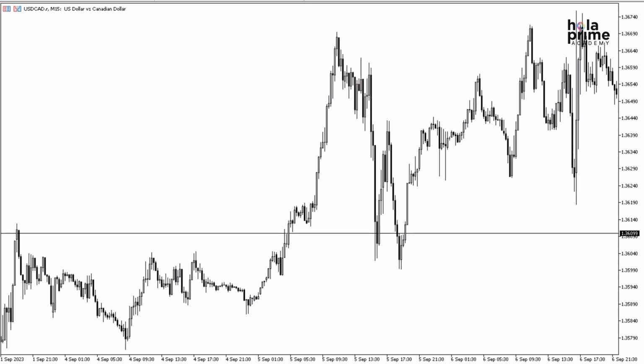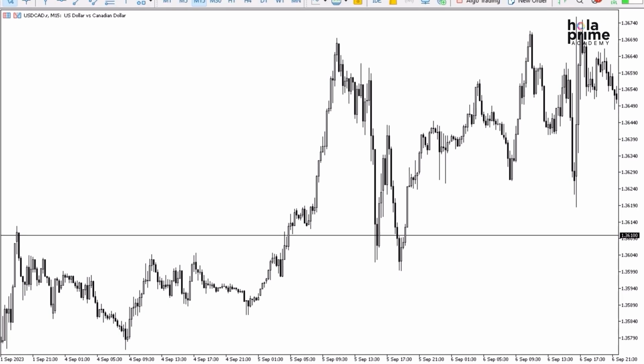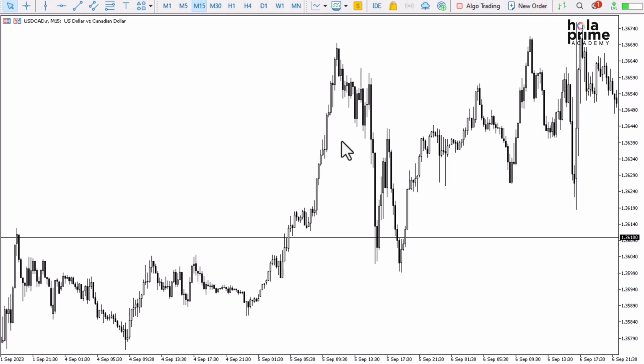In the first example, I will have a bullish flag on the Canadian dollar currency pair on the 15-minute chart. So as the trend started to rise and we saw a lot of buying in this currency pair, it's pretty easy to see how some people may have been looking at this as a potential bullish flag.